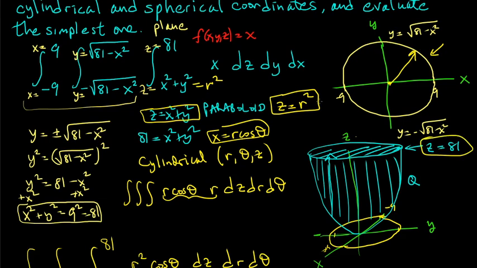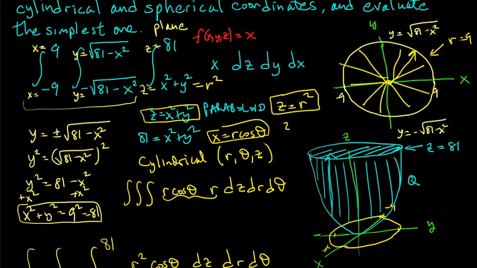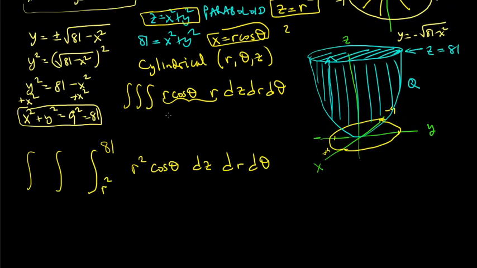If you solve z equals r squared equals 81, you take the square root, you get r equals 9. So the radius of this disk is 9. So r just varies between 0 and 9. Those are the limits for r: r equals 0 to r equals 9.